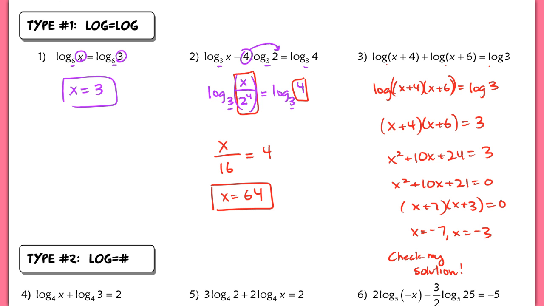So when I plug in the value -7 for x, I end up with -7 plus 4. I have a negative argument here, so -7 will not work. However, -3 does work. If I plug in -3, I have -3 plus 4, which gives me a +1, and -3 plus 6 gives me a +3. So -3 is a valid solution here for number 3.